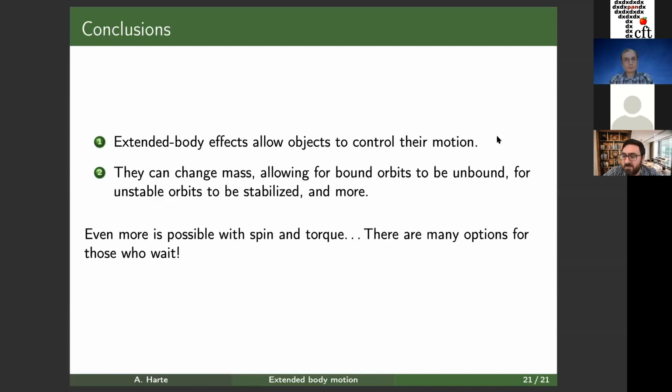Yes, so you're certainly right that this requires energy, and indeed that's kind of the point, that you're able to use internal stores of energy in order to maneuver. But the other part of the point is that you don't need to eject any part of yourself to do this. So you don't need to have actual material that you throw away, that you may run out of, as you do with an ordinary rocket.